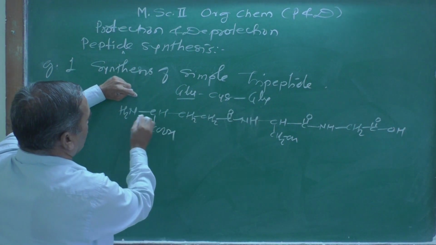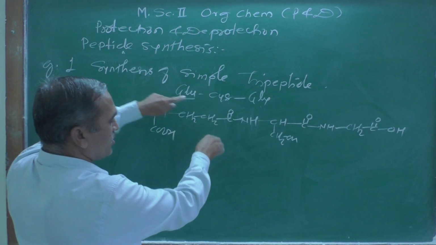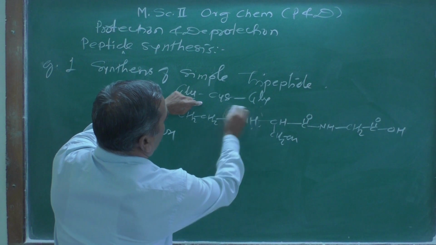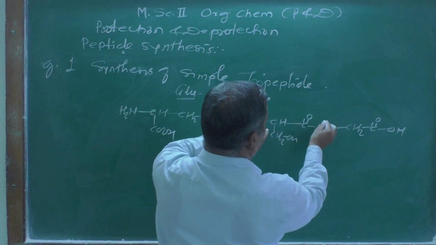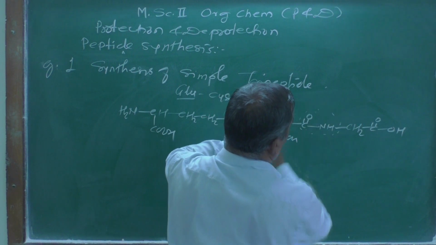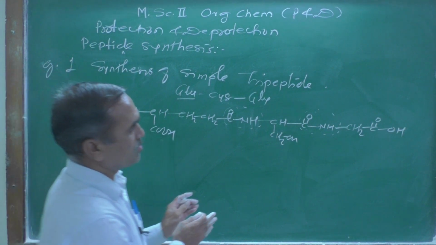You know that here H2N C double bond O CH2 C double bond, but here is a formation of one peptide bond. Now look at this one, C double bond O, another peptide bond formation, because there are 3 molecules condensed together.